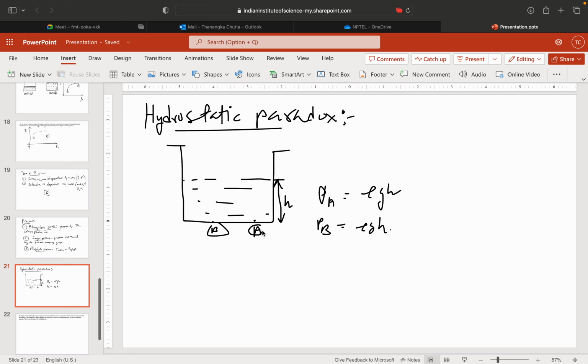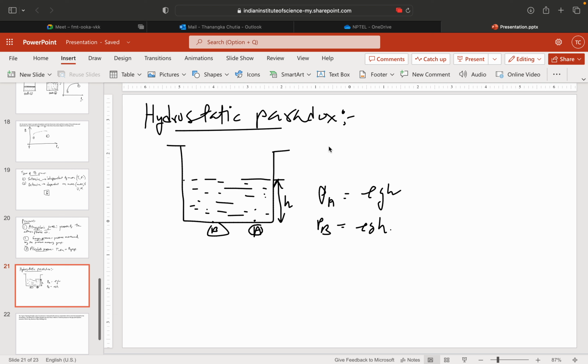Because of this only we can solve the pressure measuring problems. But remember, this is the hydrostatic paradox. That means the condition is that the fluid should be at rest. That is why this is not applied when a gaseous particle is there. If we want to measure the pressure of the gases, then we have to do some other tricks. Okay, even if the density is provided.